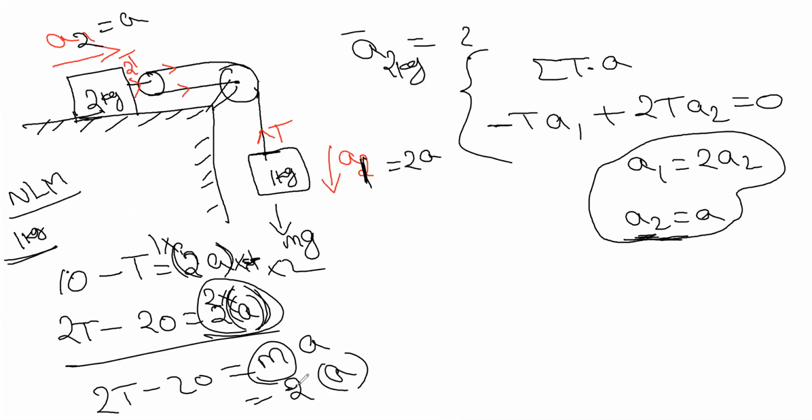If it is A, then it'll be A by 2 for the other one. That is difficult for calculations, so for avoiding fractions we are directly taking 2A and A. Otherwise, you can take A and A by 2. Both are the same.